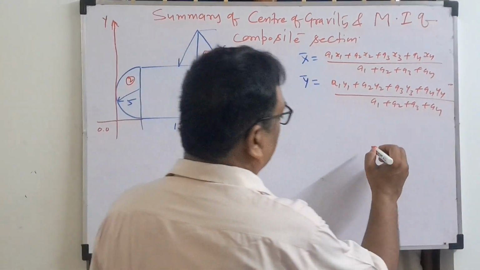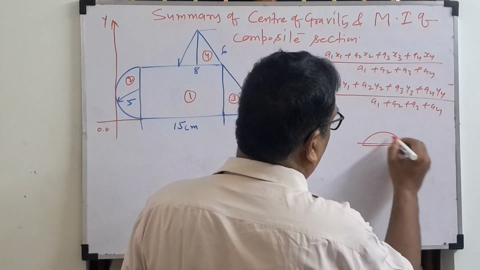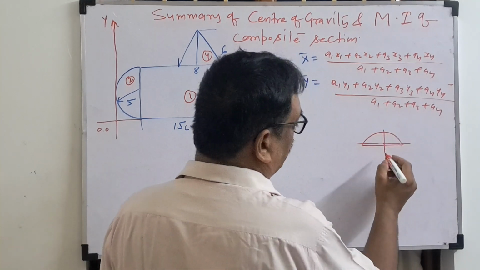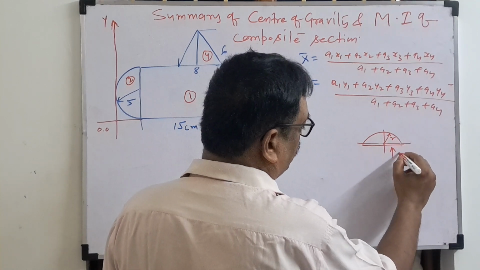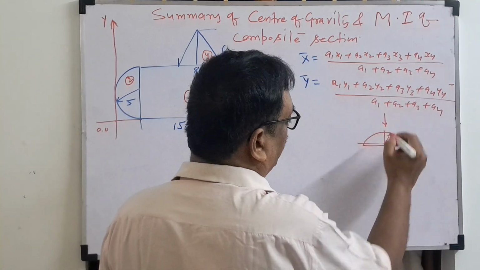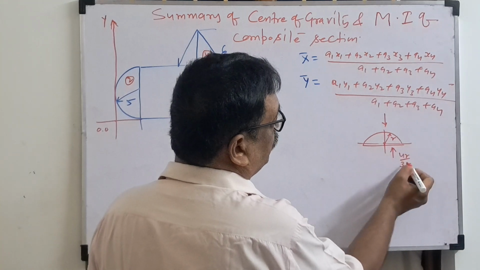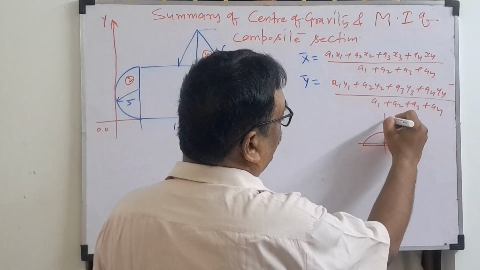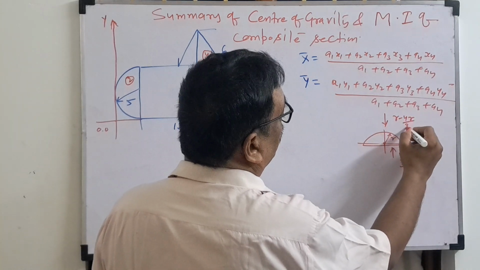So suppose this is the semicircle, and the centroid point will be here. Suppose this radius is r. If we see from the bottom, this is 4r by 3 pi. That means if you come from the base to this point, the distance is 4r by 3 pi. If you come from the top to this point, the distance is r minus 4r by 3 pi.